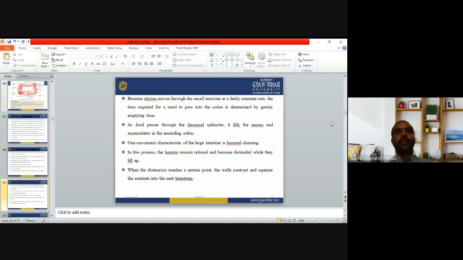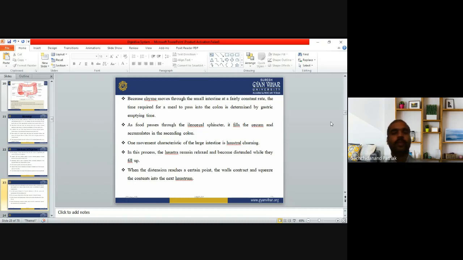So if the stomach emptying time is delayed, the stomach passes the food into the small intestine in a delayed manner, so obviously the food will not reach the large intestine. So all these things depend upon gastric emptying, how much time is taken by the stomach to empty itself.